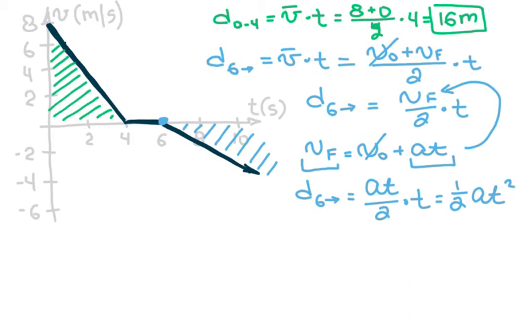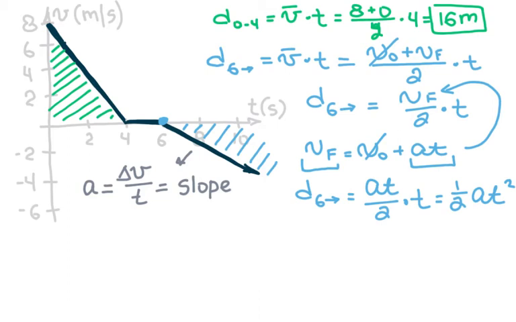Now I have to find acceleration from my graph right here. So acceleration is the change of the velocity over the time. It's actually the slope of the graph, because your rise is velocity, and your run is the time.